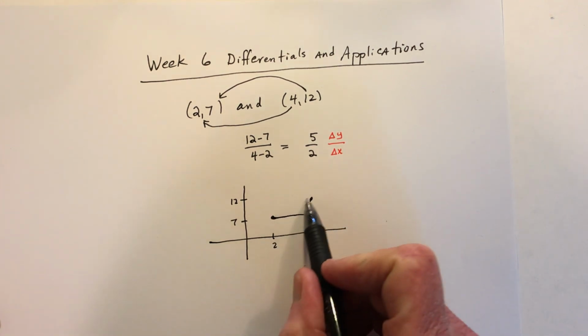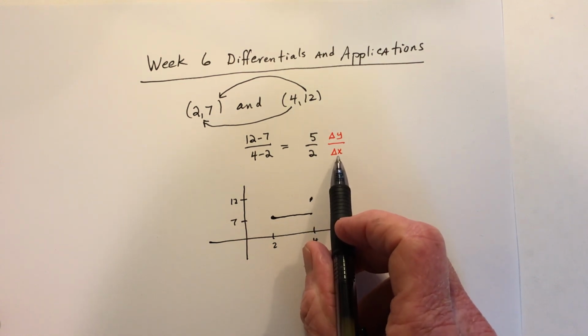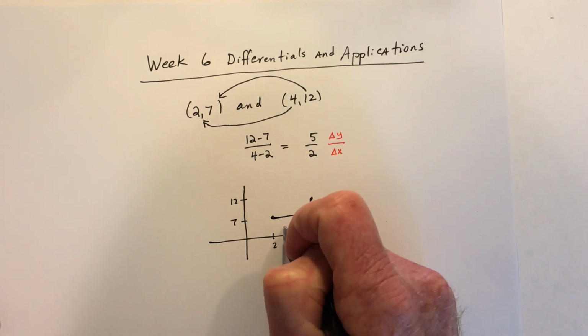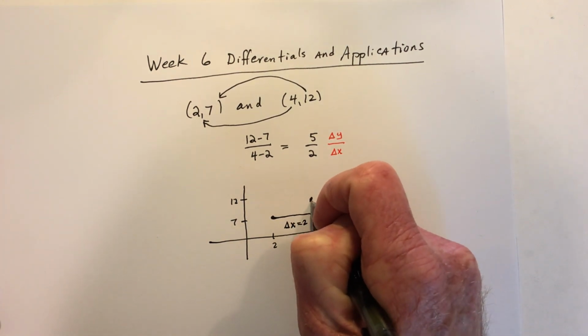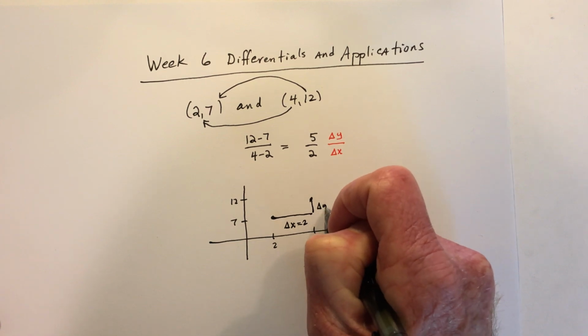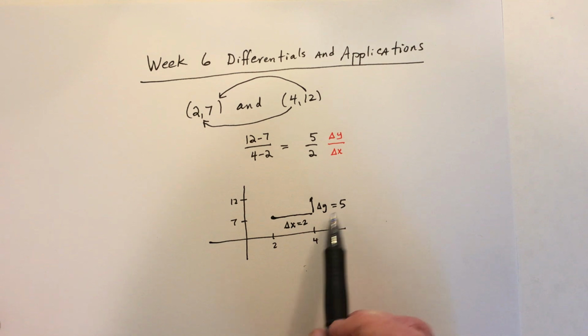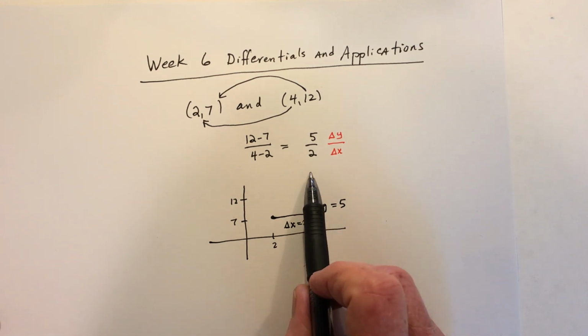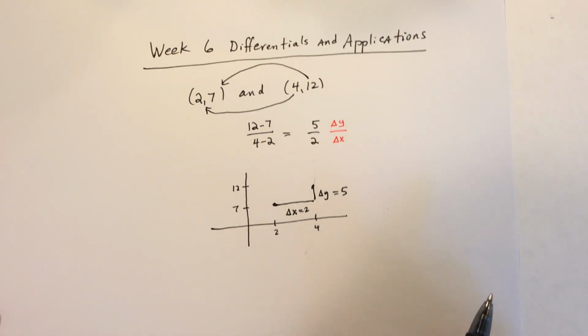Of course, you could just go straight there, but I'm just trying to interpret this. So the delta x means in the x direction, go over by 2, so delta x equals 2. And then delta y is 5. Obviously, I did not draw it to scale because 5 should be bigger than 2. It should have gone farther up here. But that's the idea.